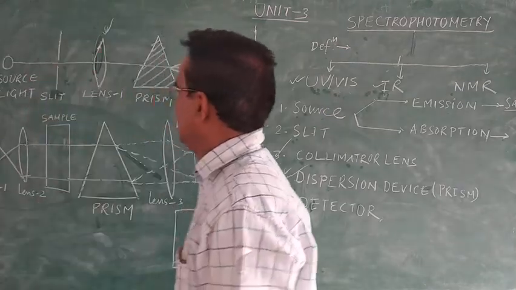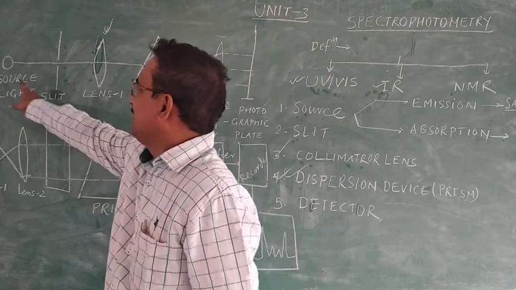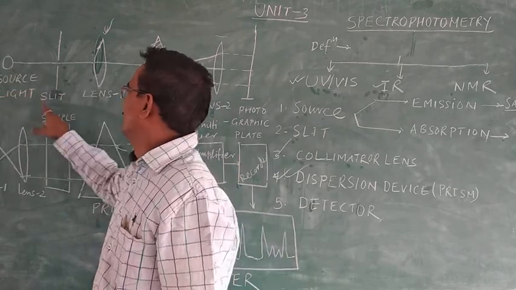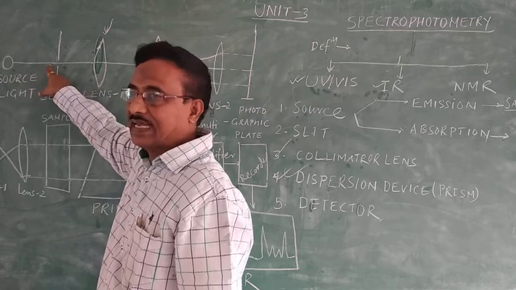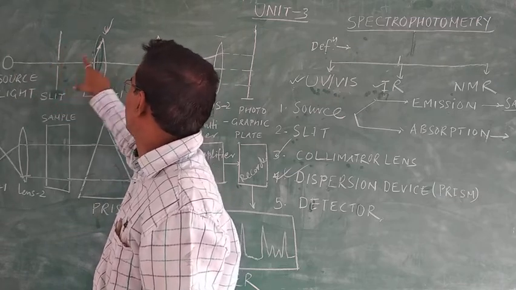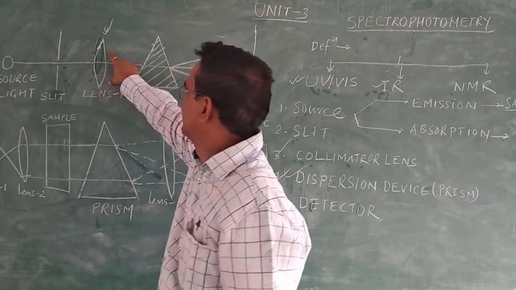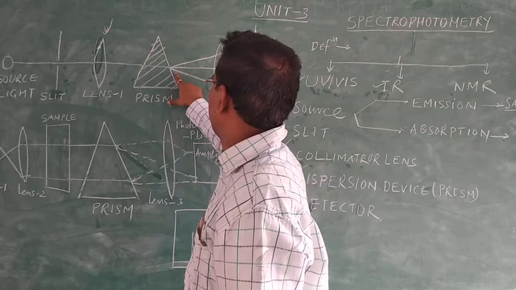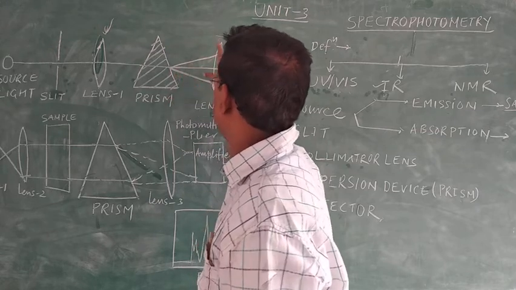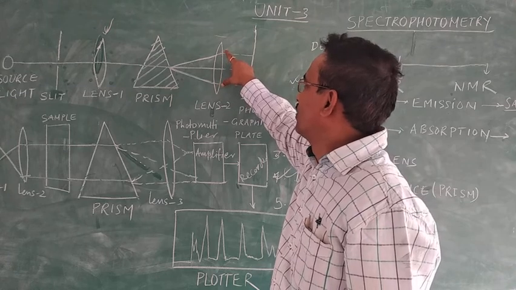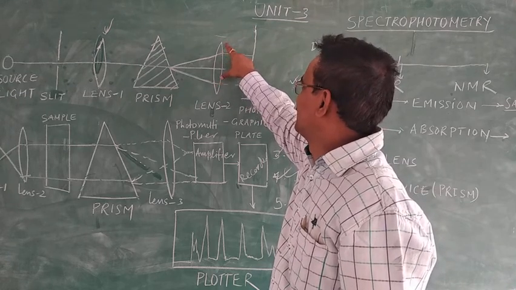Now come to the main point, where you pass a source of light, that is monochromatic light, through a slit and it crosses over lens 1. When this light is passed through the prism, it is separated into more than one number of lines.